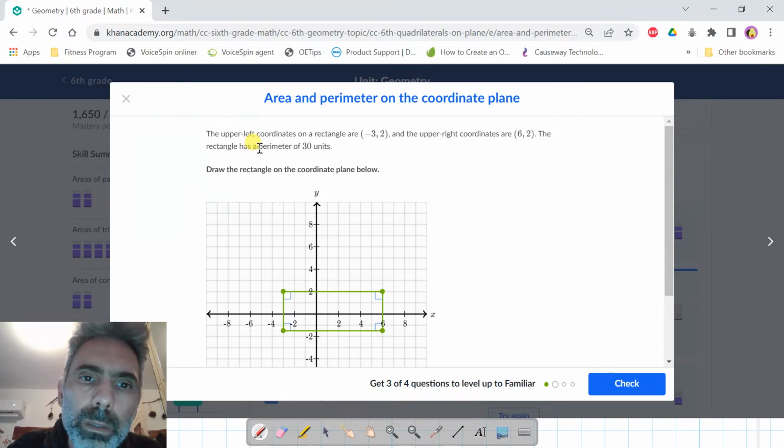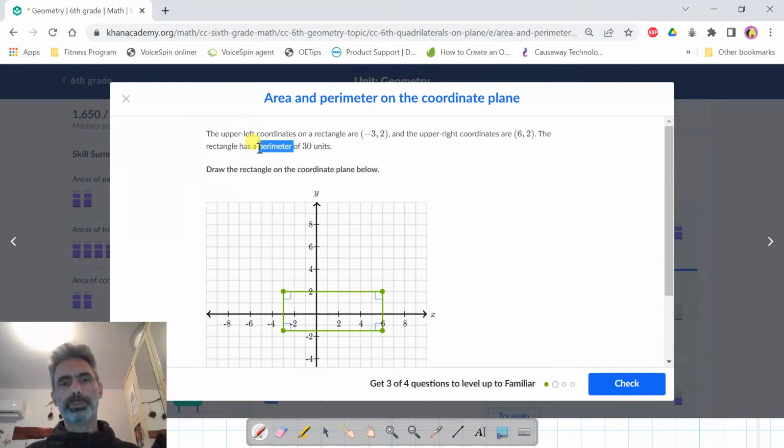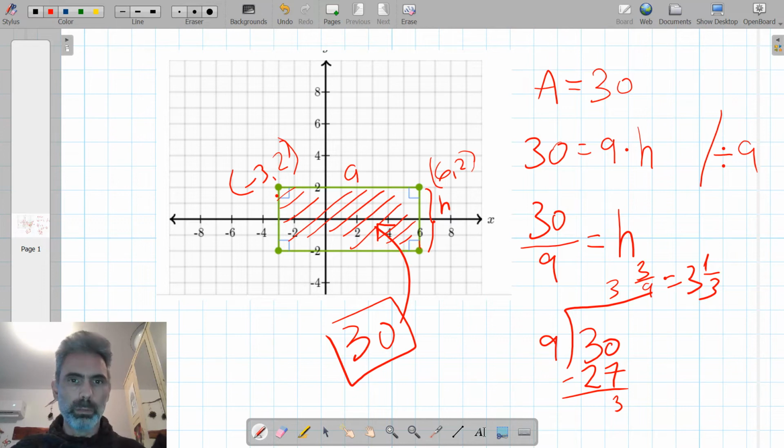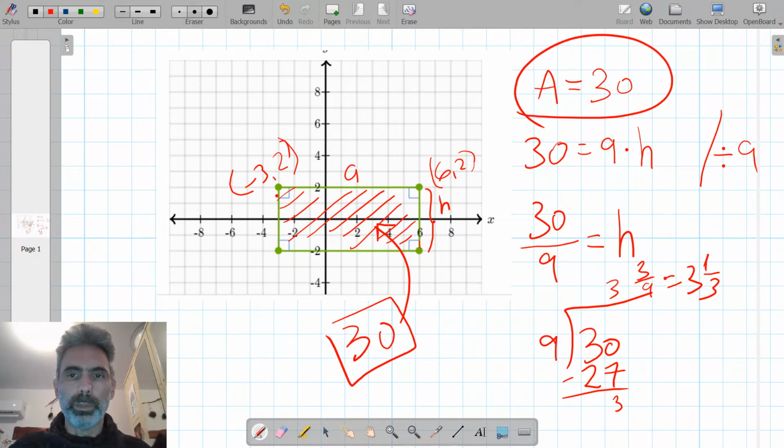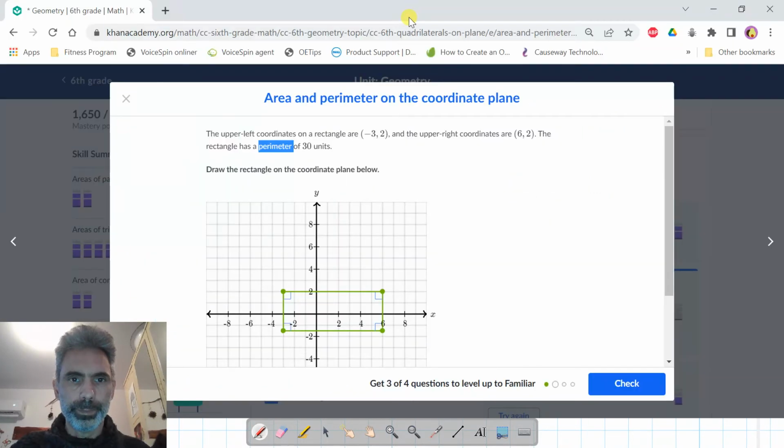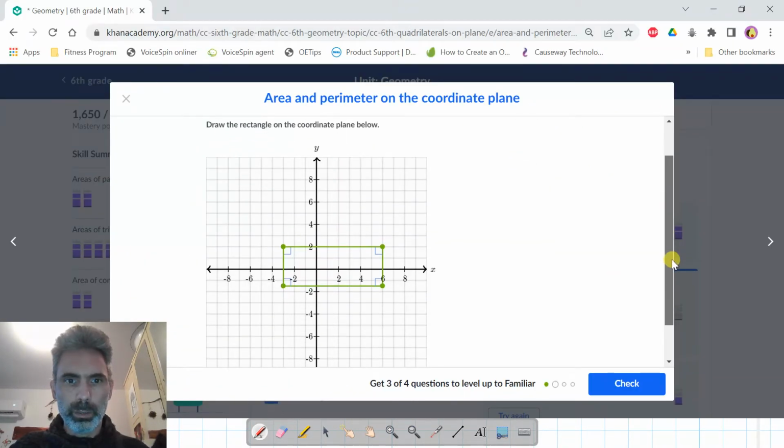The perimeter has a, not the area, the perimeter. Okay. So let me erase this because it's not the area that equals 30, it's the perimeter that equals 30. So I will erase this. Let me copy this once more.